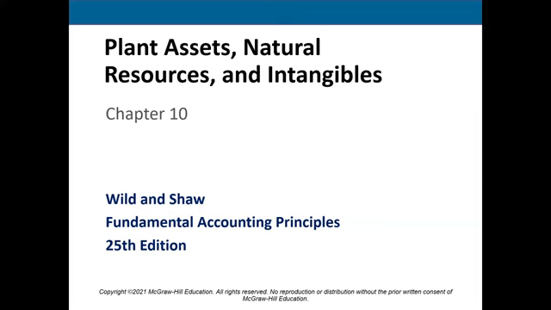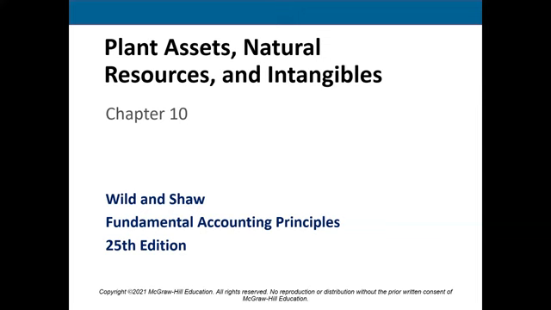The idea here is that in business, we use our fixed assets, property, plant, and equipment, to help the business to generate revenue, right? That's the whole idea. That's what assets for the business do. They help the business to generate revenue, generate sales.